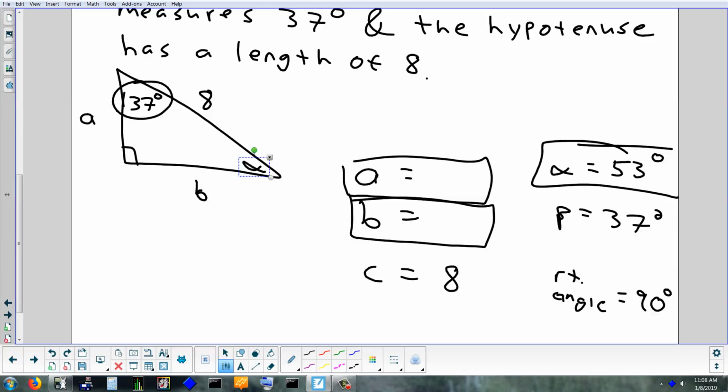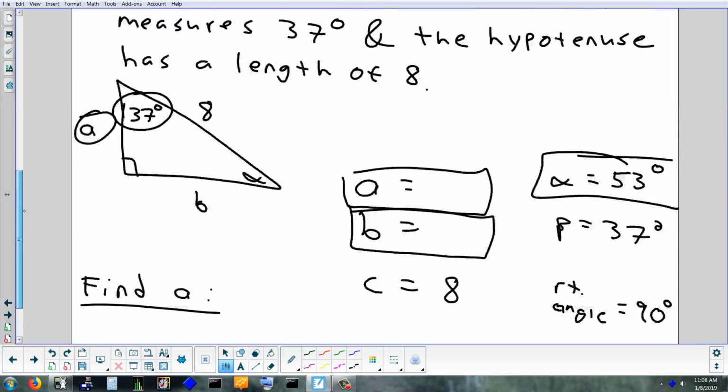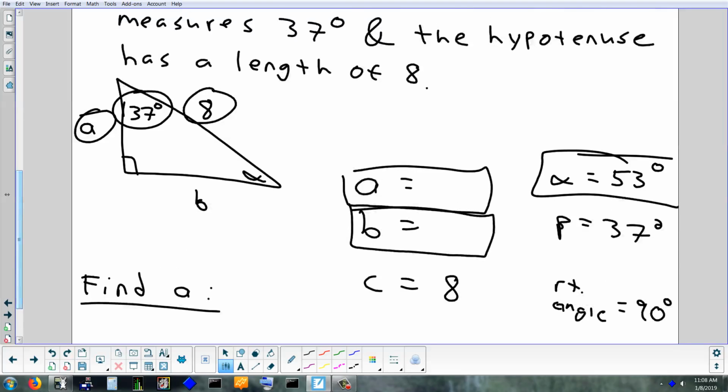Alec, do you want to do A first or B first? Let's do A first. We're going to do A. So, he said we're going to find A first. So I'm going to circle what we want to find. And I'm going to circle what we already know.